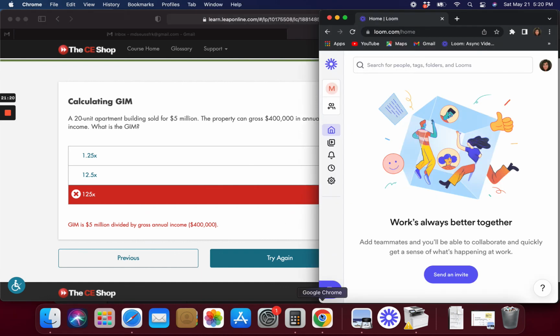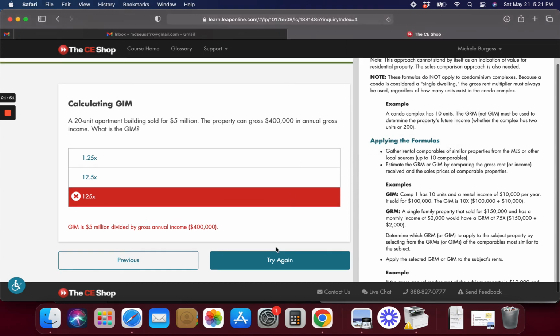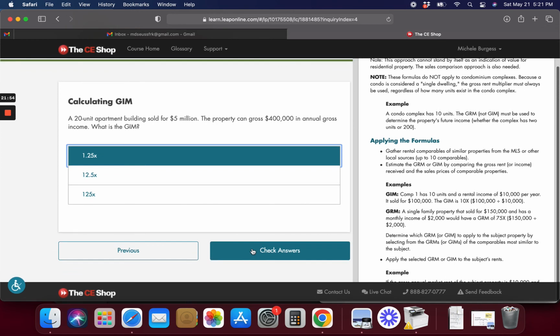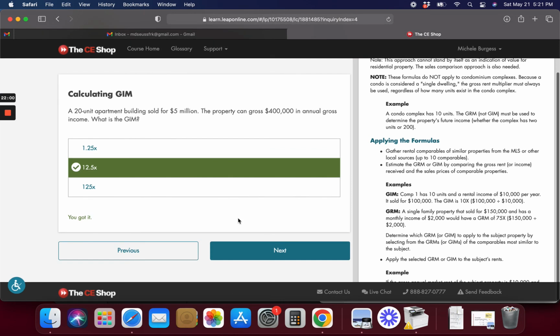It's not going to give me the answer, so we'll just have to figure it out. 5 million divided by 400,000. It's probably 1.245. 0.125 when you move it over 2 decimals. Nope, I guess not. I guess you only move it over 1 decimal.